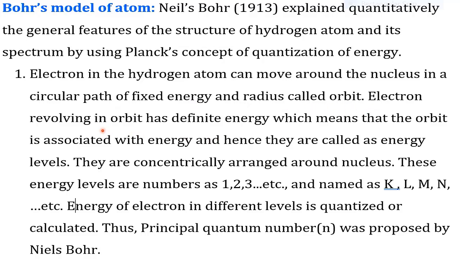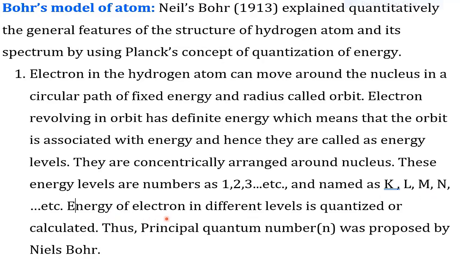Electrons revolving in the orbit have a definite energy, which means that the orbit is associated with energy. Hence, such orbits are called energy levels. These orbits are concentrically arranged around the nucleus. These orbits and energy levels are numbered as 1, 2, 3, 4 and so on, and named as K, L, M, N and so on.